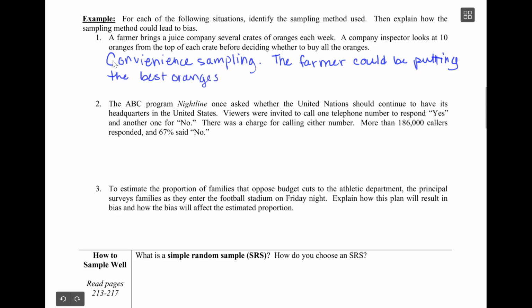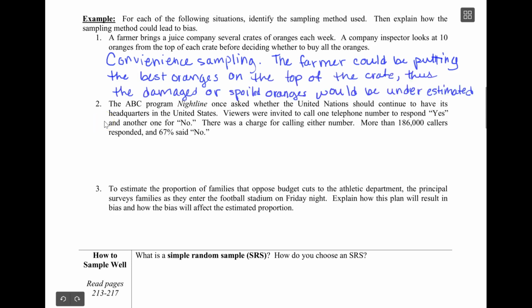I'm going to speed this up so you don't have to sit and watch me write. So to finish answering a question like this, the farmer could be putting the best oranges on the top of the crate, thus the damaged or spoiled oranges would be underestimated. So it led to an under or an overestimation.